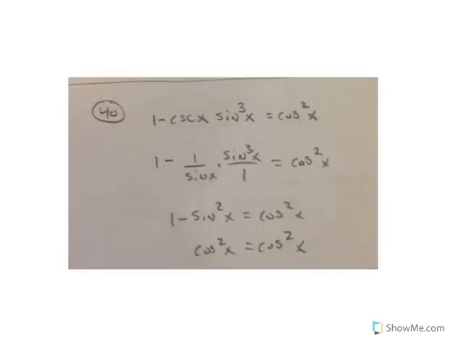For number 40, the first thing we would want to do is switch cosecant to 1 over sine. And here, one factor of sine is going to cancel with one of the three factors of sine up top. So you have sine cubed, so that's going to be sine, sine, and sine.